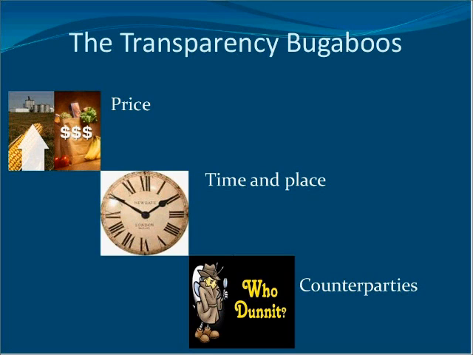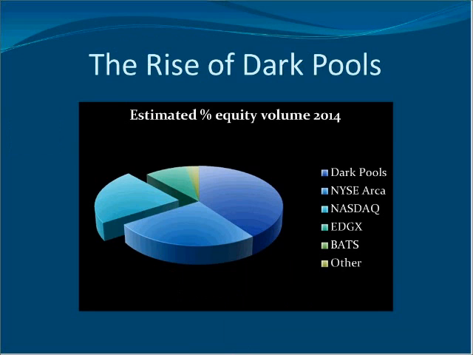And that's the last point about counterparties, which is that we want to know who it is that executed the trade. So anytime we don't have this information, it does represent a problem. And this is a problem that's increasingly a part of the market structure. I'm about to talk about dark pools now.